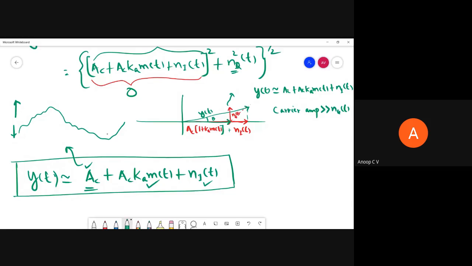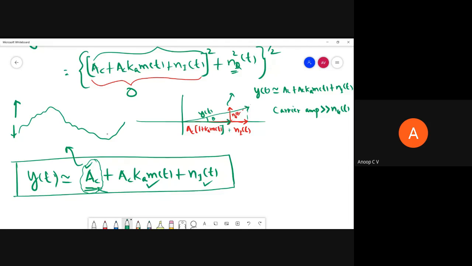This Ac can't give any information. It will either clamp the envelope up or down, that's it. So we won't be considering this Ac while evaluating the message or the output power.